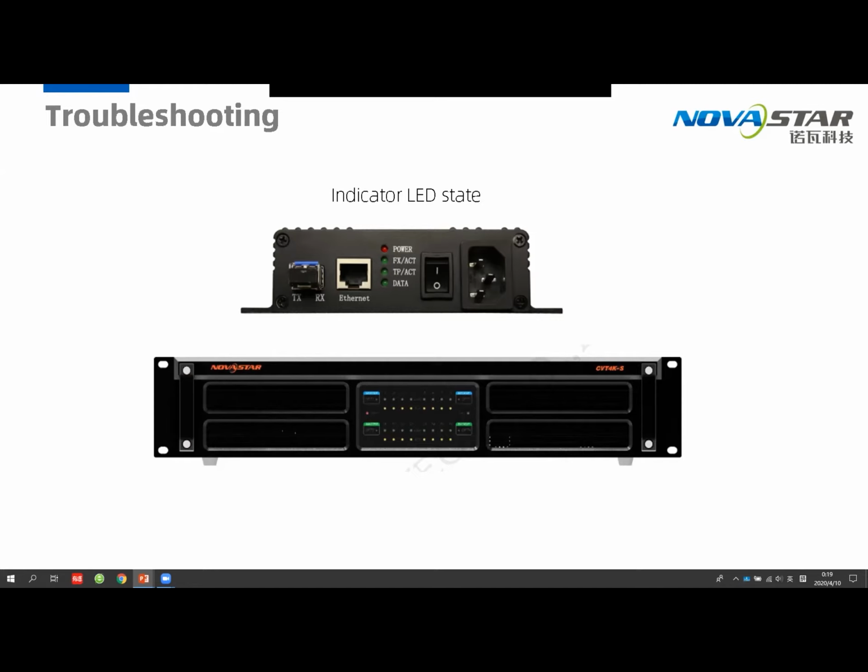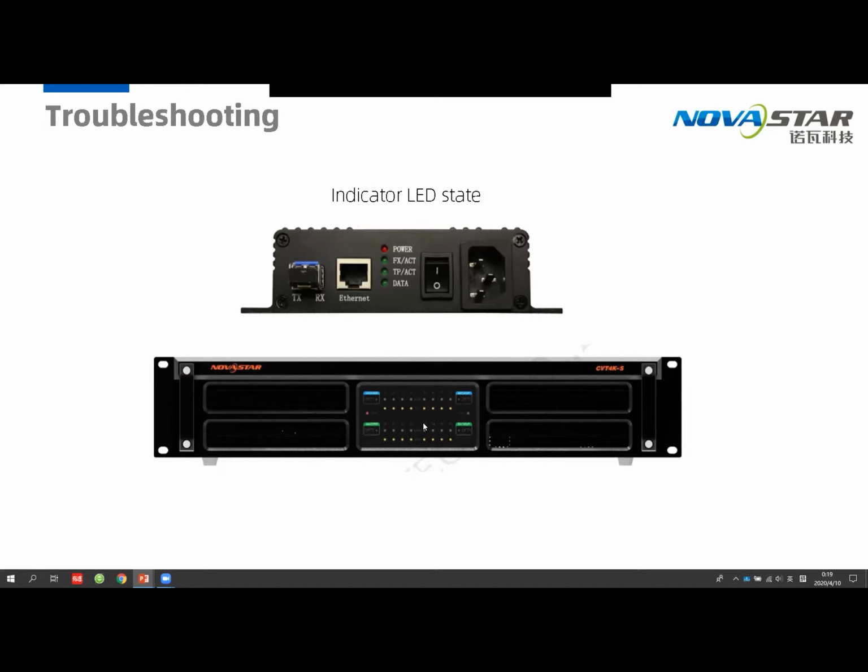And for the CVT 4K, in the middle of the front panel, we also have some indicator lights. You can see here, they have 16 pairs, 2 lights for each.